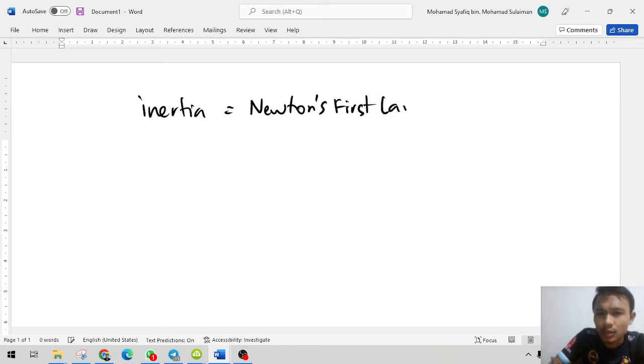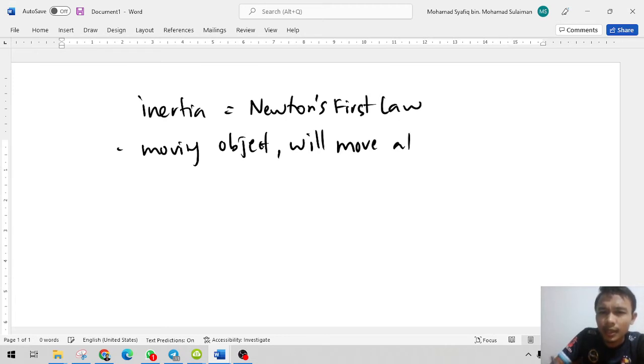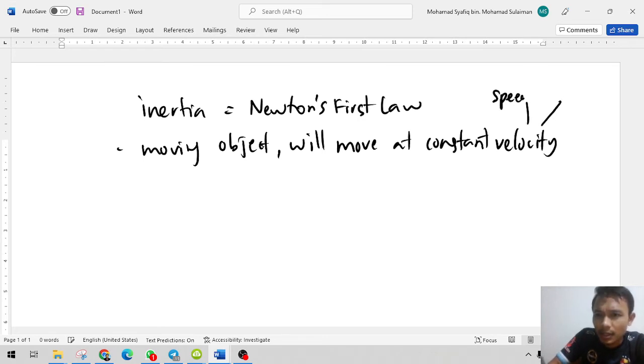Newton's first law says a moving object will move at constant speed, constant velocity. So velocity means its speed and its direction. Okay, it will remain that.